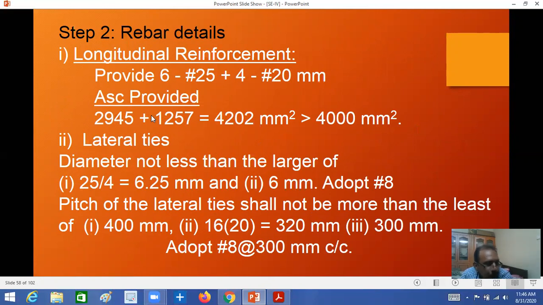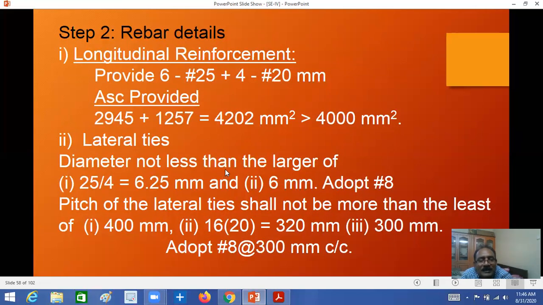So lateral ties, how to provide lateral ties? Here the diameter should be not less than the larger of one-fourth of the main bar diameter, that is 25 by 4, 6.25 mm, or 6 mm. That's why from both you can adopt 8 mm. So the pitch should not be more than the least width of column, that is 400, 16 times the least diameter bar, 16 into 20, 320 mm, or 300 mm.